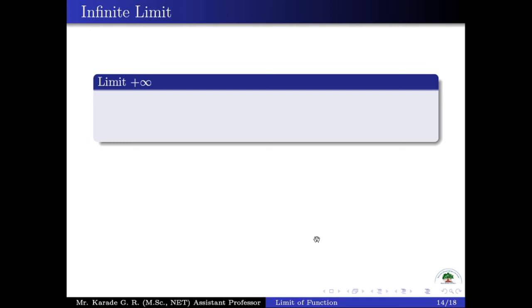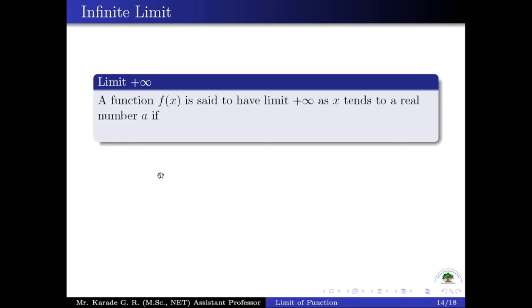Now infinite limit, limit at plus infinity. Let us define: a function f of x is said to have limit plus infinity as x tends to a real number a. The part coming after it is very important.